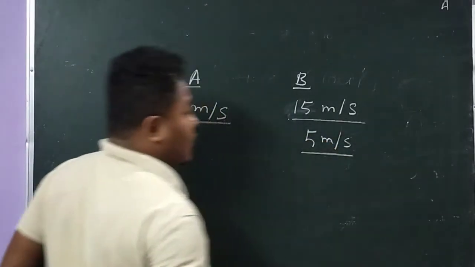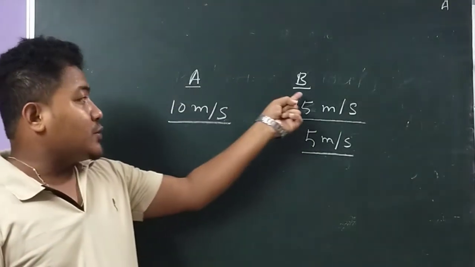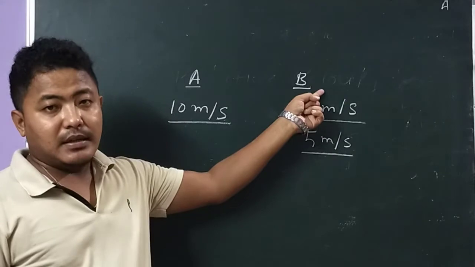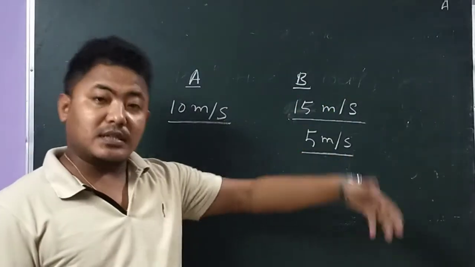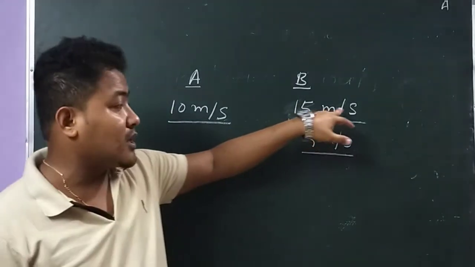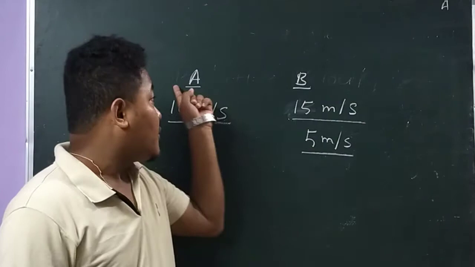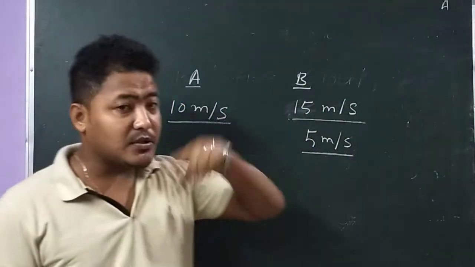That is the most important point. Once object A looks toward object B, he will not find that this body is moving at 15 meters per second.